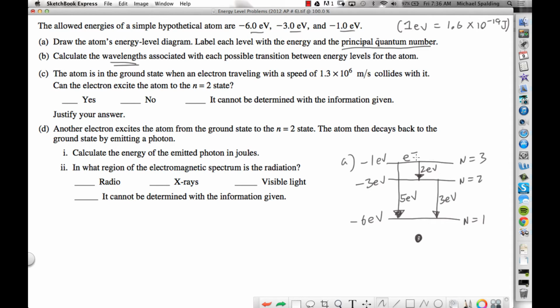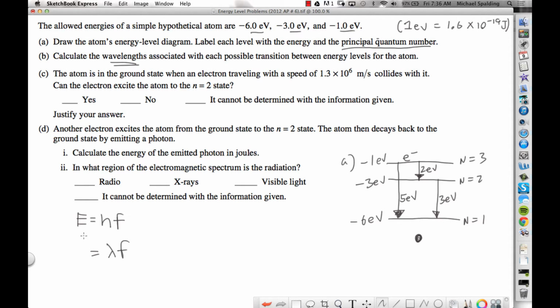So how do we find the wavelength associated with that photon? Well, there are 2 equations. The energy of a photon is equal to Planck's constant times frequency, and Planck's constant is given. And then we also need the wave equation. Velocity is wavelength times frequency. But since we're talking about light here, what can we replace this v with? c.